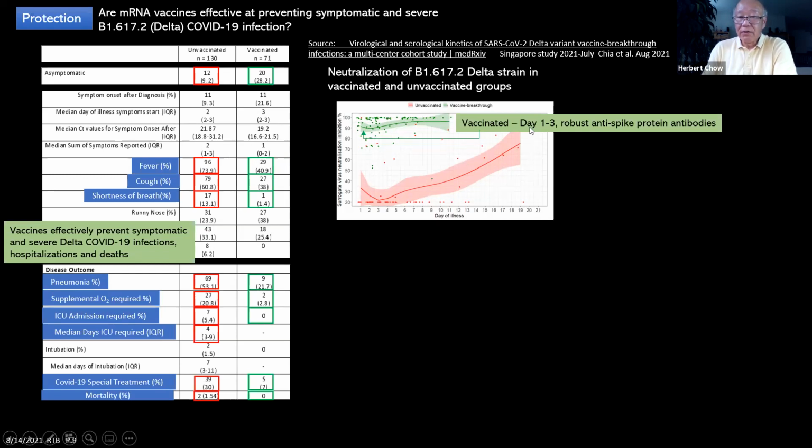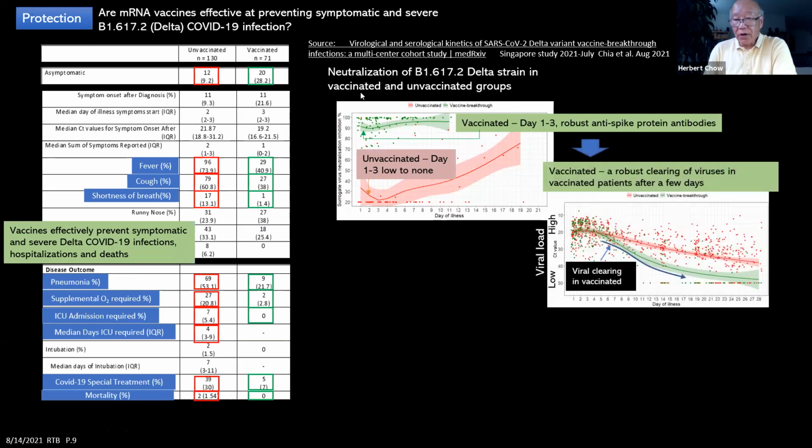So from day 1 to 3, you already see a robust anti-spike protein antibody in these individuals. And let me explain what this is. The CT value is a surrogate, a proxy to indicate what your load of virus is in your specimen.